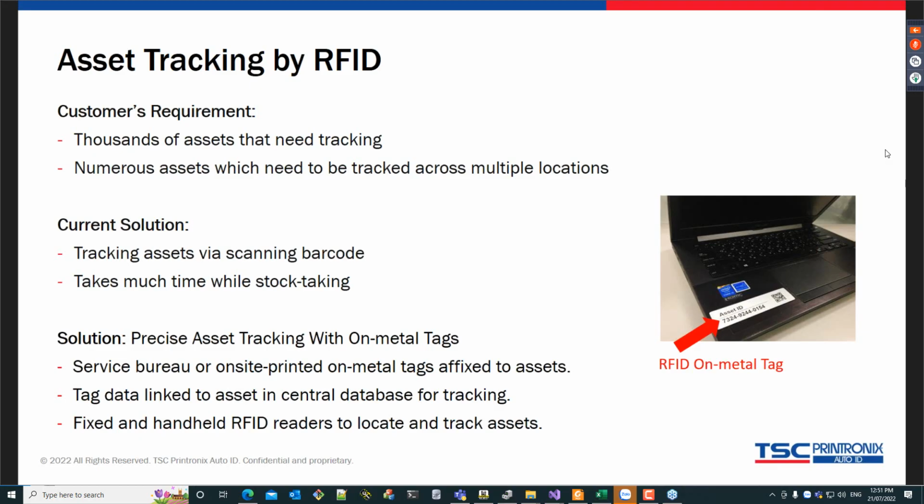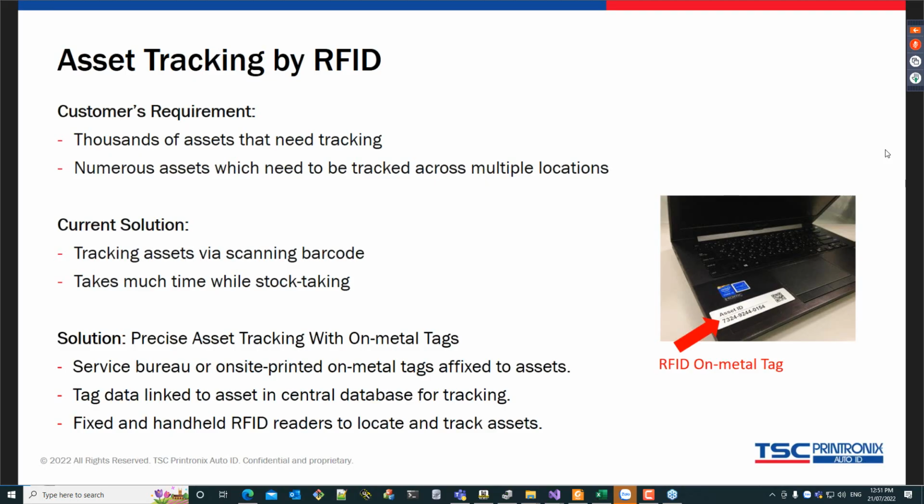As I just mentioned on the last page, we just need to take the handheld reader, go inside the office and press the scanning button. Then all of the RFID tags in this environment, within 30 meters, can be scanned by the reader, and the data can be uploaded to the cloud or to the server.